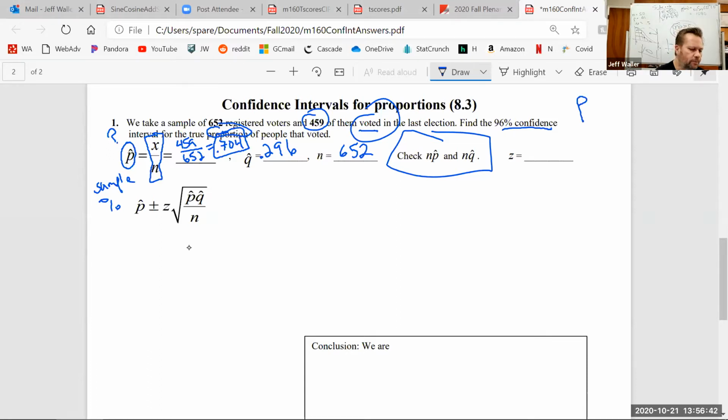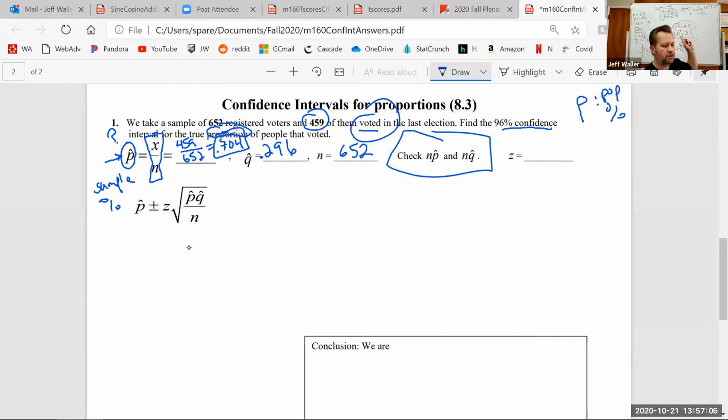What does the symbol P represent in this type of problem? Run it up against what p-hat is. P-hat is a sample percentage. So what's P? The population percentage. I love it. So P is what I'm trying to estimate. Do we know what that is? We don't have a clue.